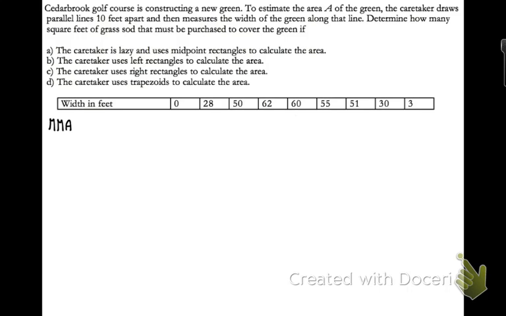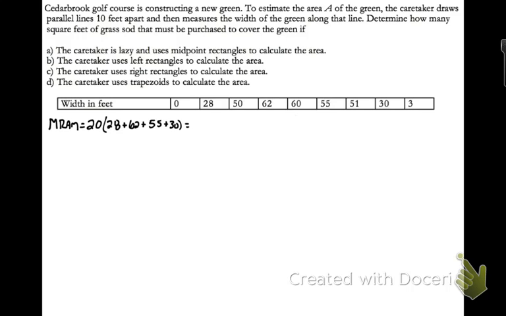So the MRAM, each of those 4 rectangles will be 20 feet apart, so that'll be their width, and the midpoint at all 4 places will be 28 and 62 and 55 and 30.